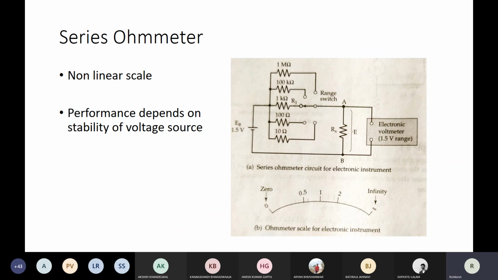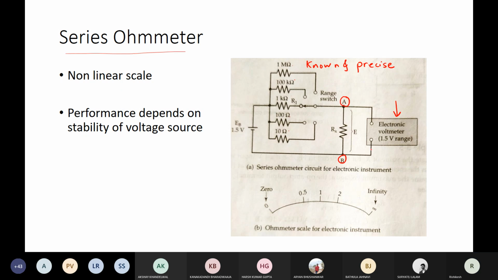The same electronic voltmeter we have designed till now can be utilized for resistance measurement as well. This is one of the configurations of resistance measurement, that is a series type ohm meter, where you connect multiple known and precise resistances in order to measure the resistance of different ranges.